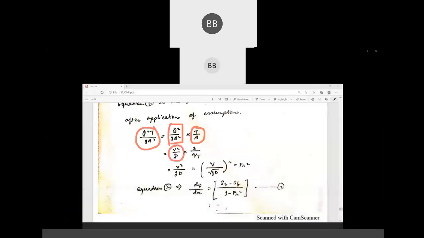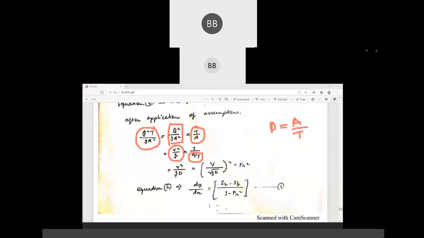Here also you can write 1 by A by T. A by T is nothing but your D. If you remember, D is equal to A by T. So V square by gD.